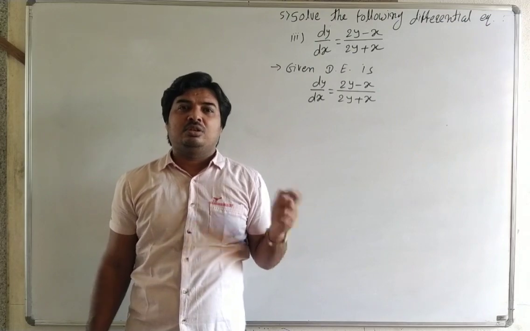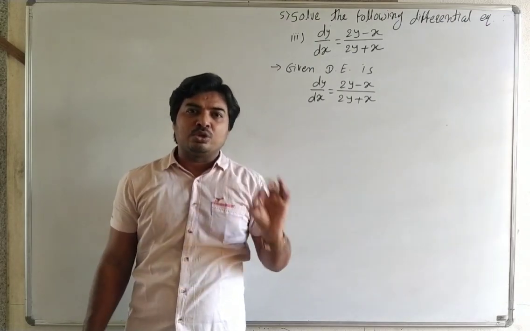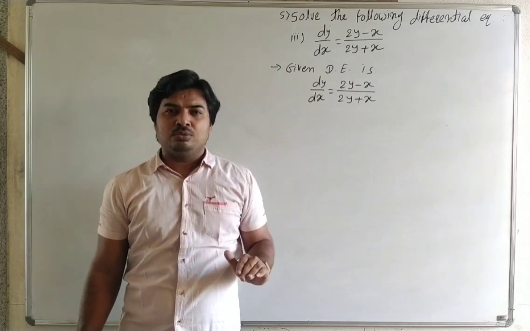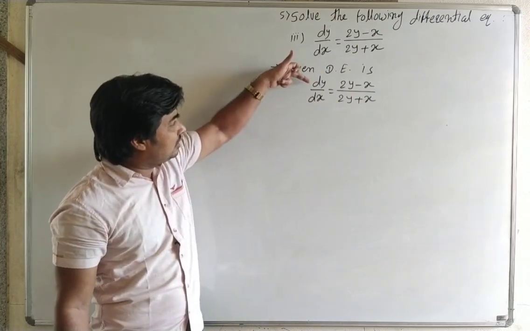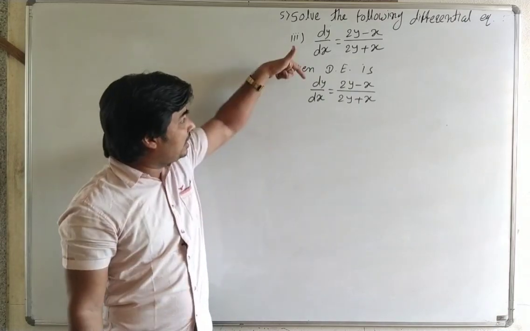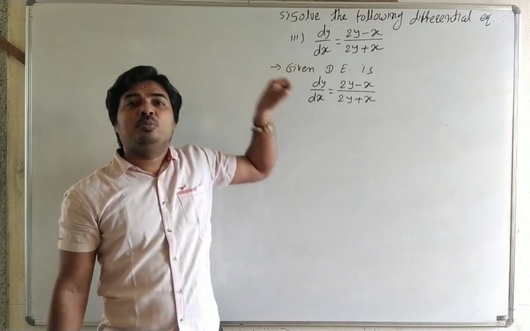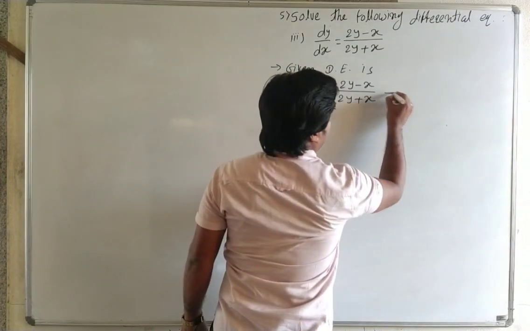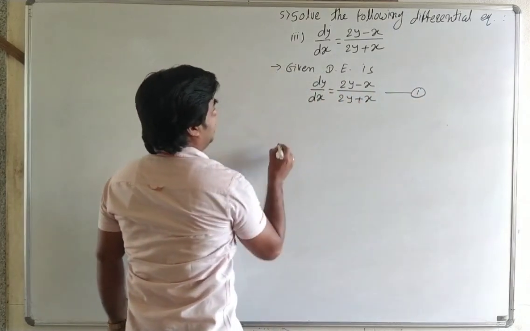So this homogeneous differential equation we solve by using the substitution y by x is equal to v. When we write the differential equation in the form dy by dx, we put y by x, and when we write dx by dy, then we put x by y is equal to v. Now here it is equation number 1. It is a homogeneous differential equation.